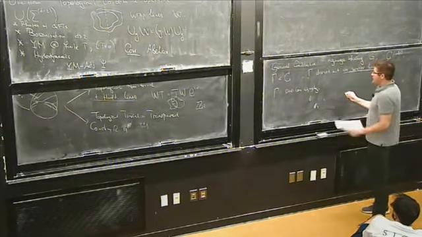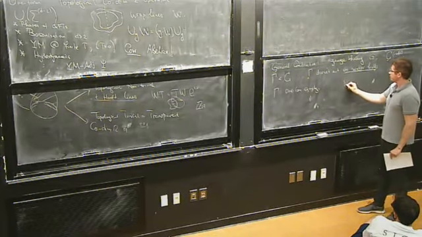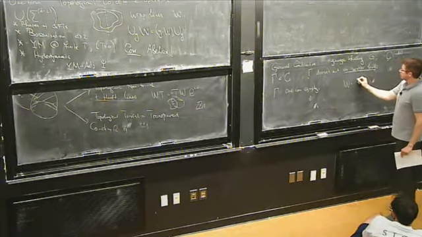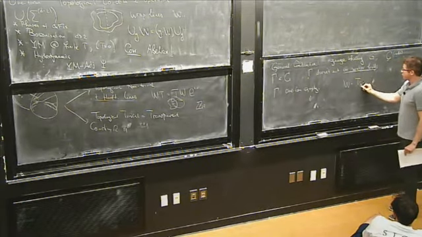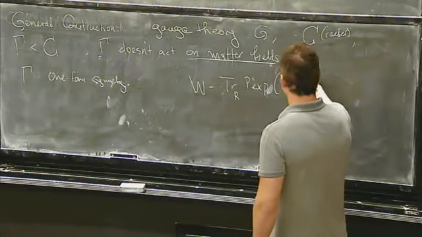So basically, the intuitive reason is that if there are no charged particles under some gamma, there will be some representation R such that we can construct the path-ordered exponential, the Wilson line in that representation, and this will not be screened.